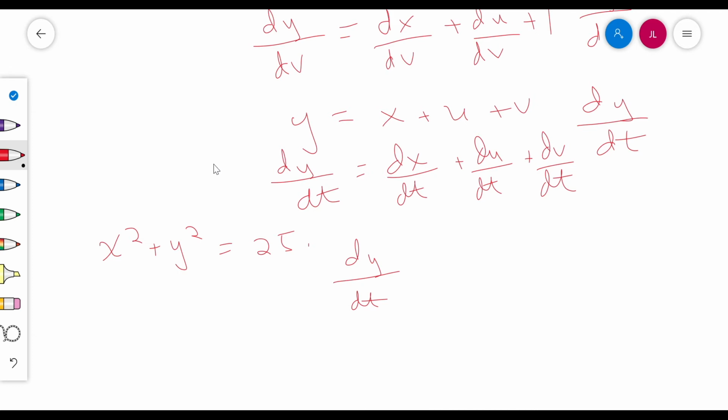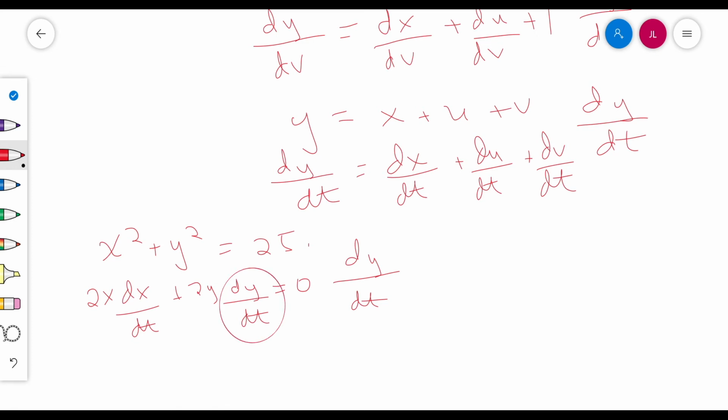So let's take the derivative with respect to time. And now x is a function of time, and y is a function of time. So we're going to use chain rule. 2x dx/dt plus 2y dy/dt equals 0. And I can solve for dy/dt.